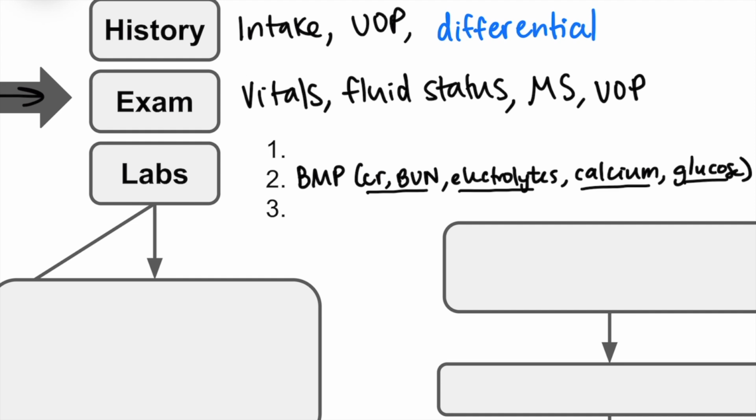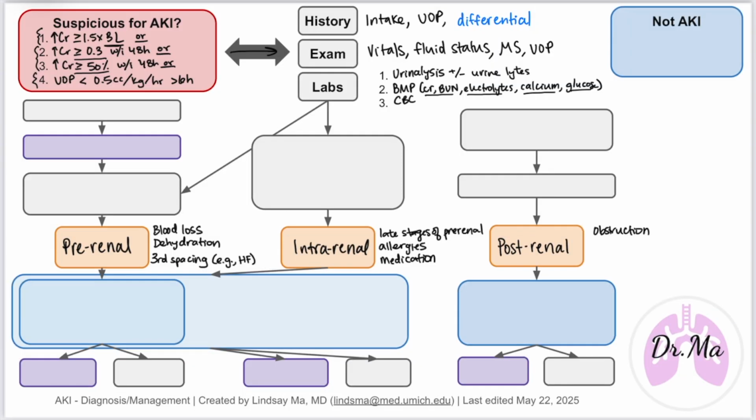The two other lab items we want to get include assessment of the urine, and lastly, we want to get a CBC. This again will help tell us if there are low blood counts or elevated leukocytes that may point towards intravascular depletion and infection respectively. While we wait for those labs to come back, is there anything we can do?